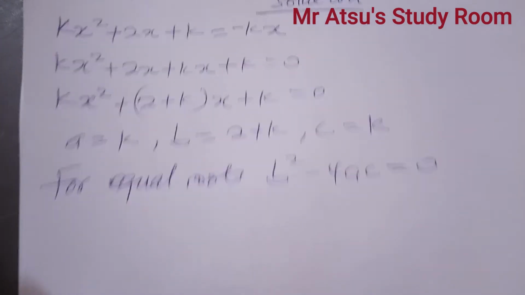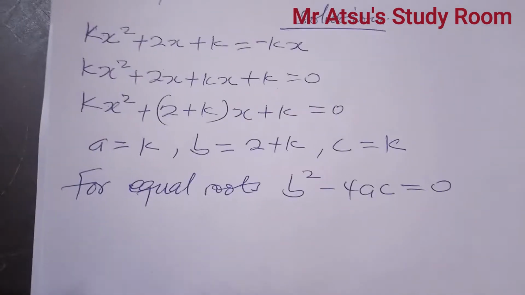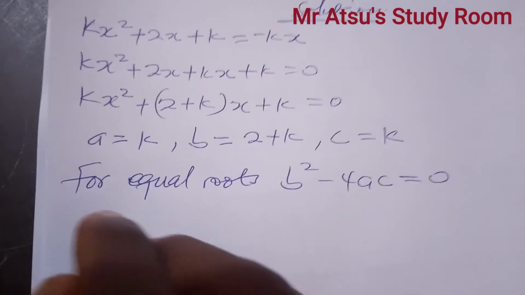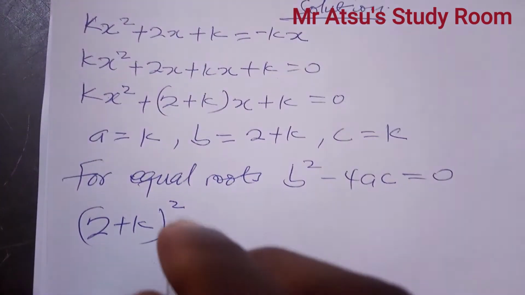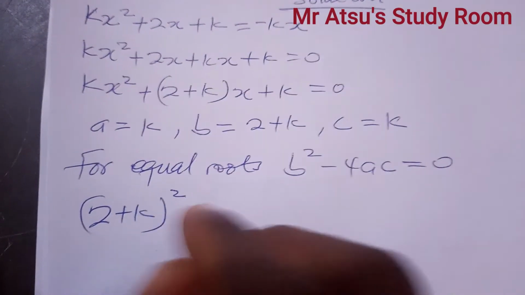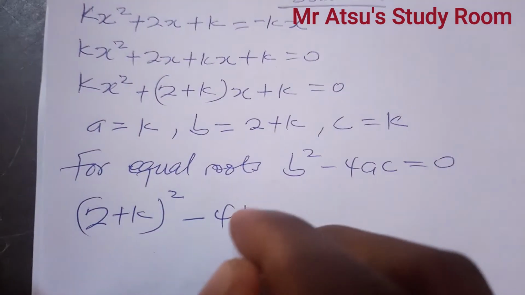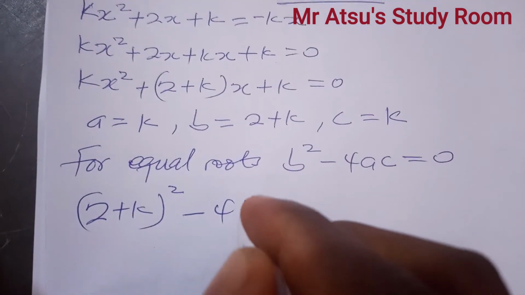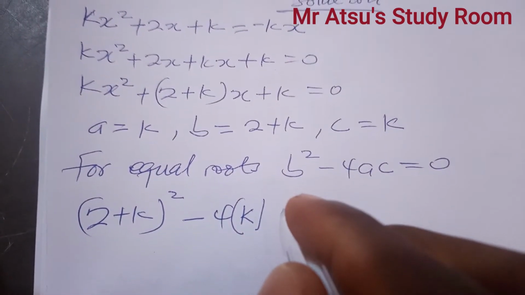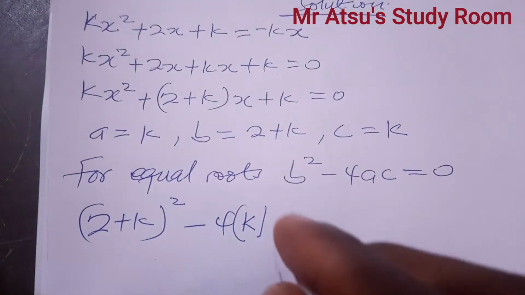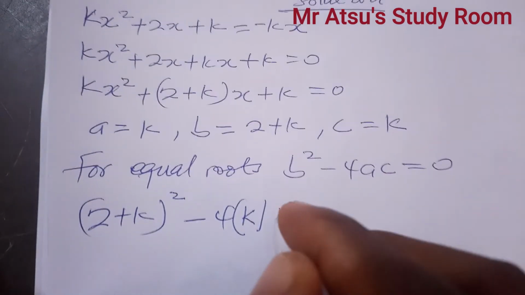So now let's put that into it. Our b is (2 plus k) whole squared, minus 4, our a is k, and our c is k.